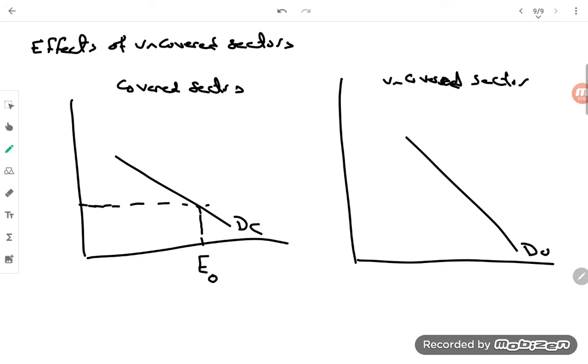So this is the initial employment level in the covered sector, and this is the initial employment level in the uncovered sector. So total employment in both sectors will be E0C and E0U.